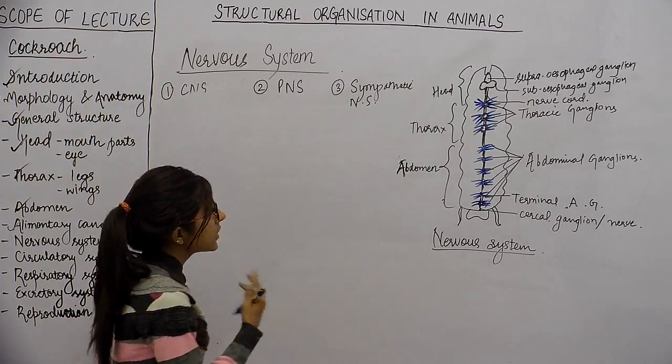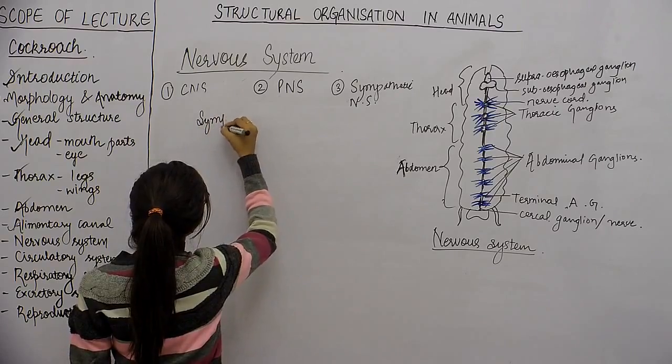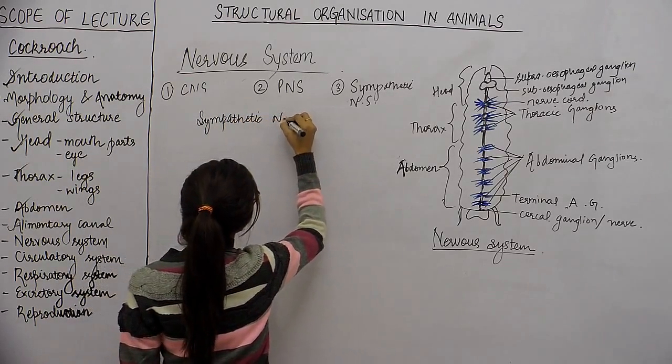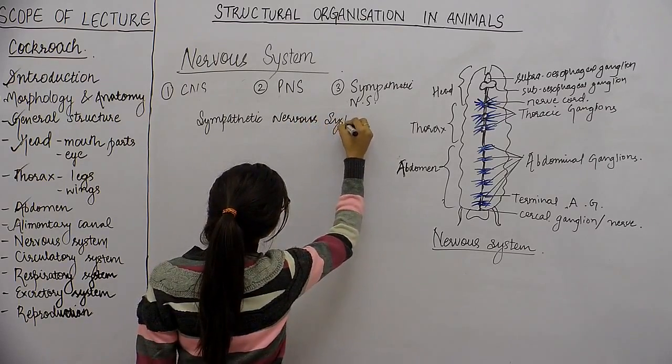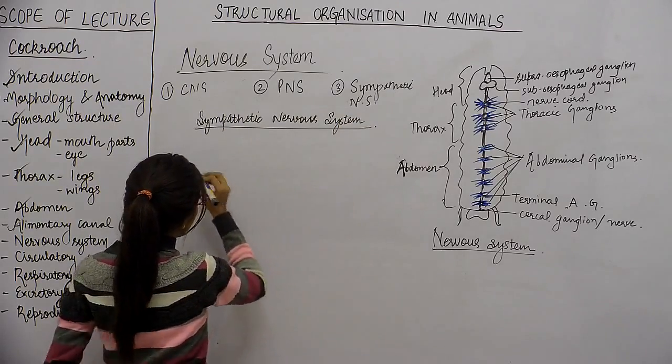Now next is the sympathetic nervous system. Sympathetic nervous system में क्या होता है?